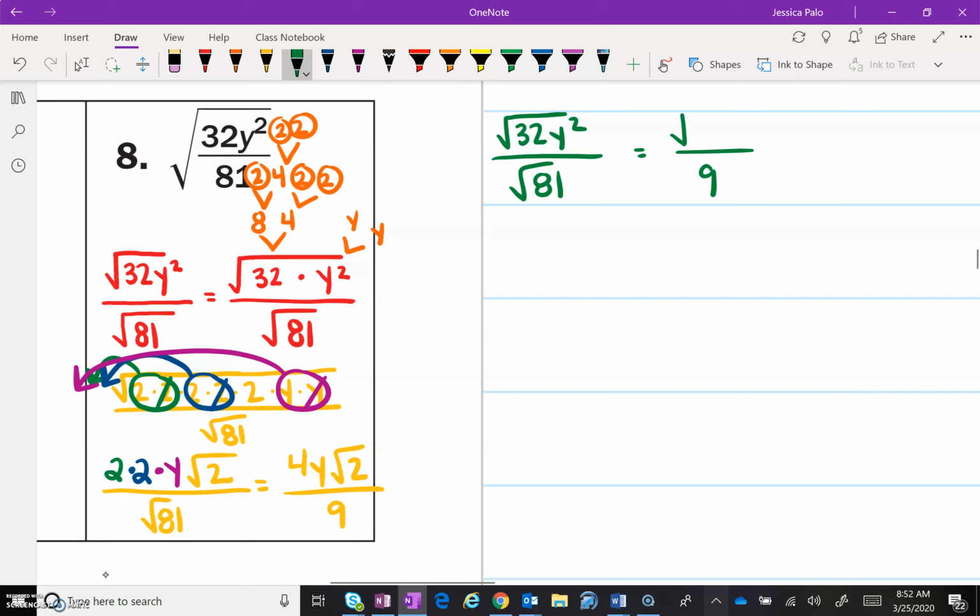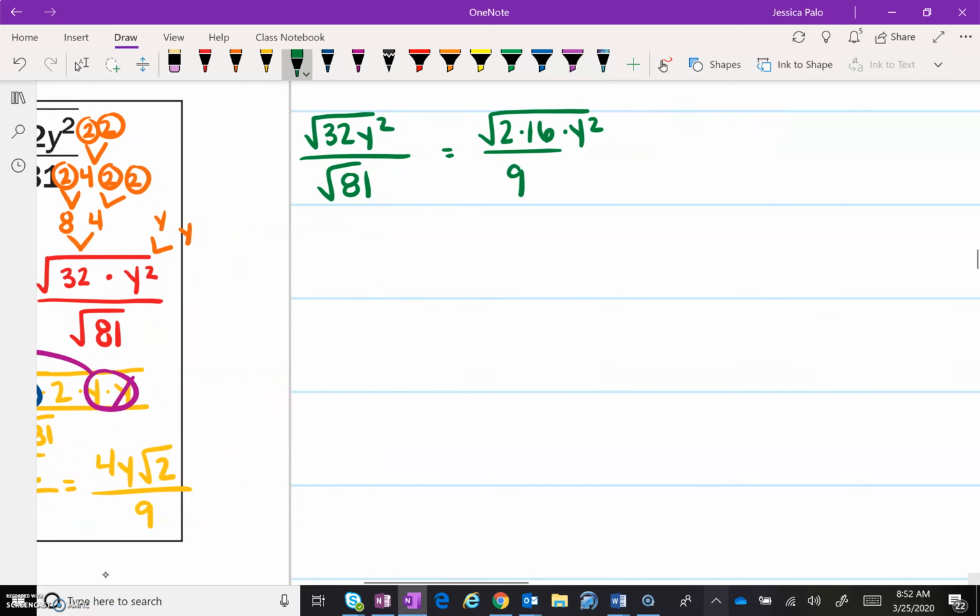And you also know that 32 can be broken up into 2 times 16 times y squared. So you're going to give everyone up top their own home: radical 2, radical 16, radical y squared, all over 9.